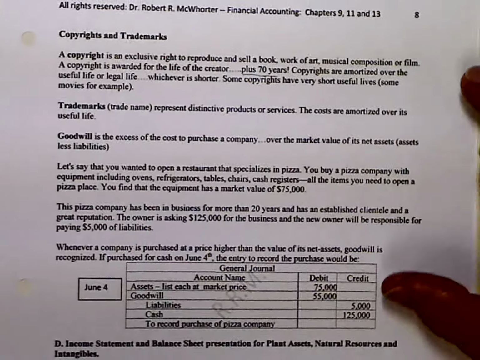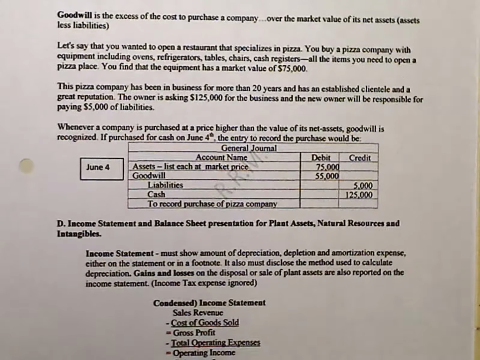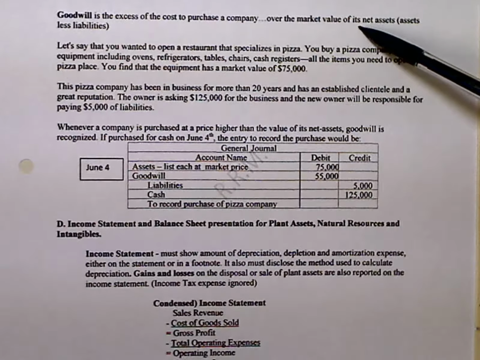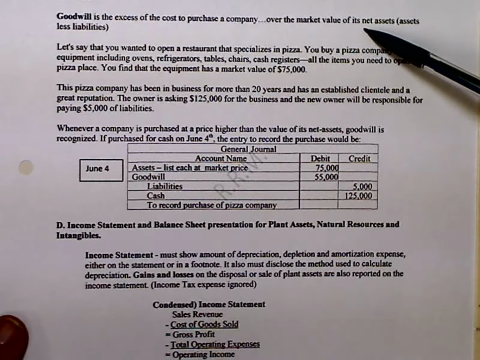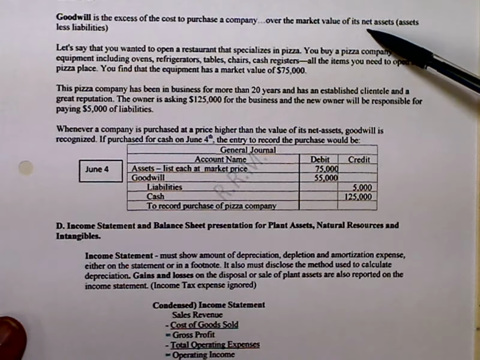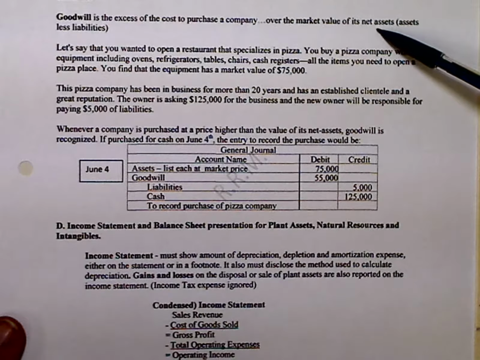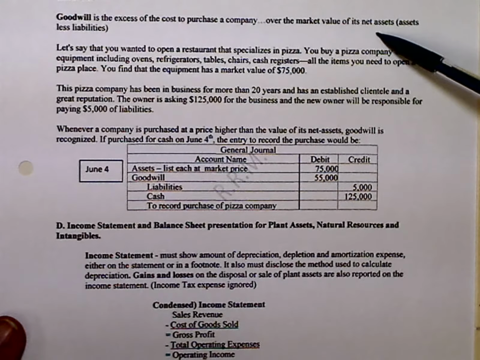Goodwill. Goodwill's interesting. Reminds me of AOL, America Online, many years ago. I believe it was Time Warner thought that AOL had the rights to the internet or something, and they purchased AOL.